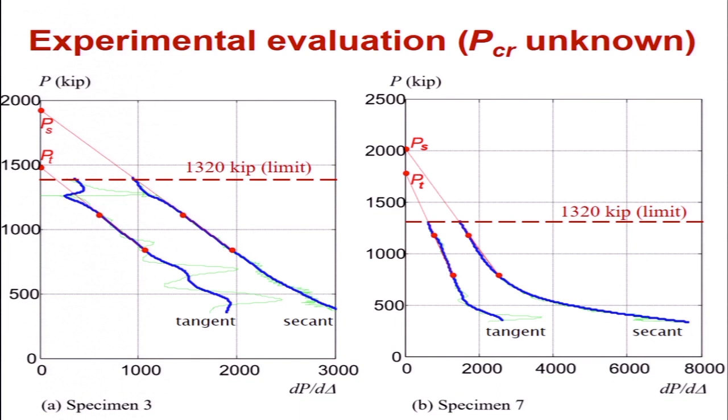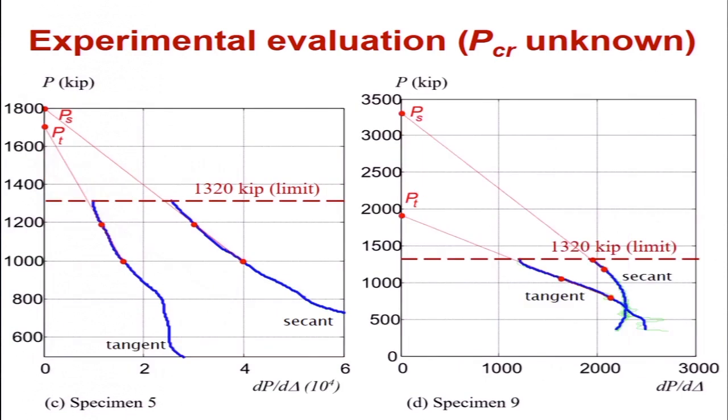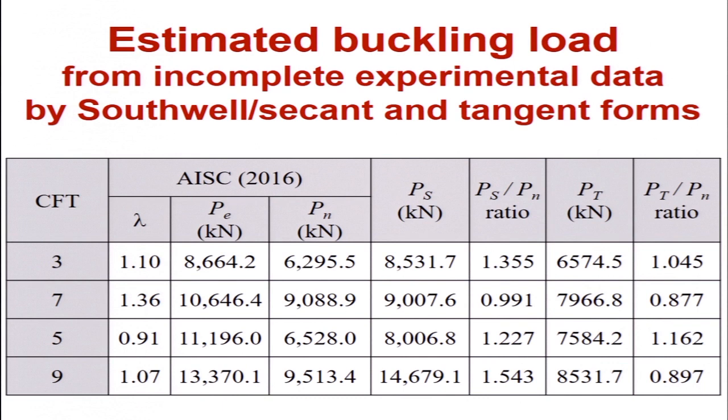And so as you climb above about half of the ultimate capacity, this thing becomes pretty linear. And so this allows us to basically go back and recalculate, or I shouldn't say calculate, extrapolate those capacities. And so this is what we got.